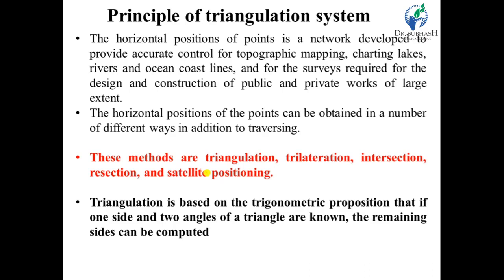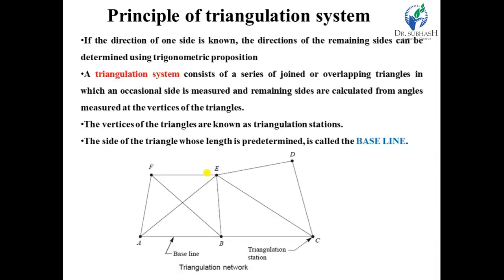Triangulation is based on the trigonometric proposition that if one side and two angles of a triangle are known, the remaining sides can be computed. If we have one baseline and do not know the lengths of other lines like FB and AE, we determine them from the point locations, and we also provide checks for the remaining lines.